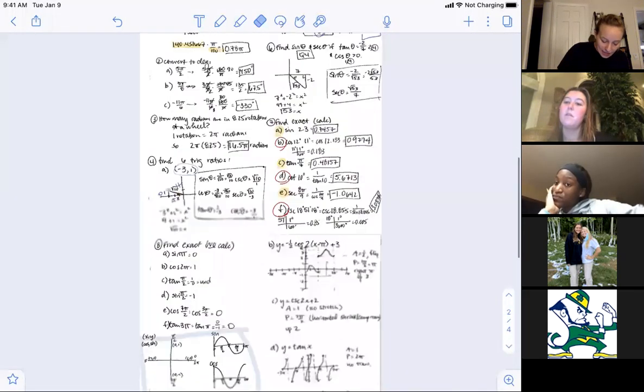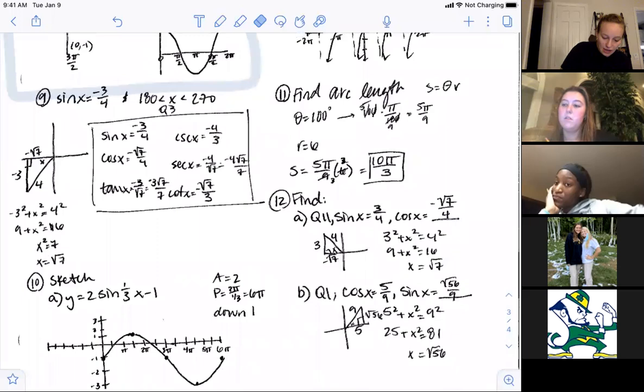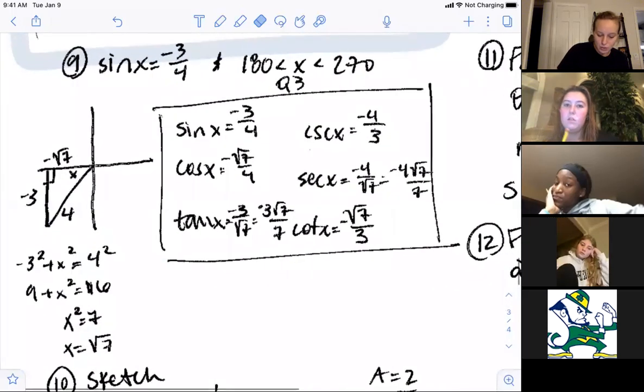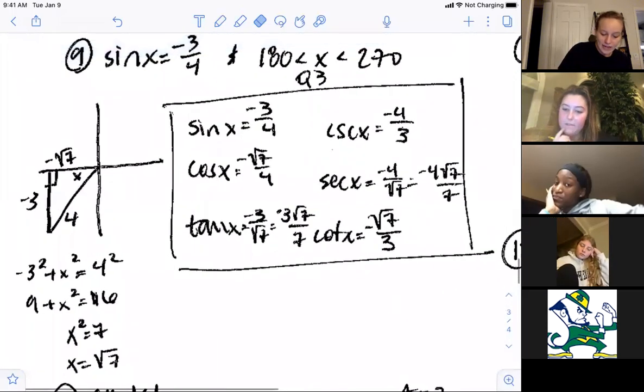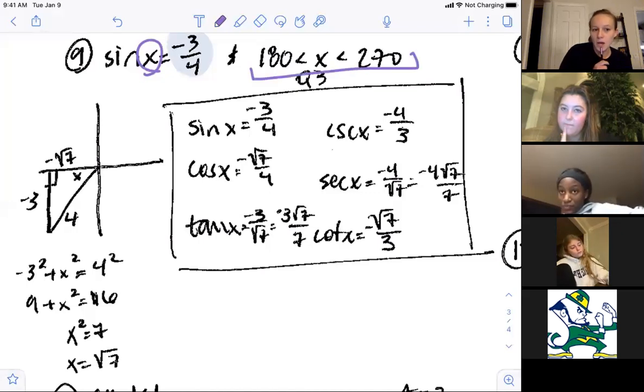Well, number 9 is even easier because I tell you what degrees we're in between. So sine is -3/4, and it says that x, or my angle, is in between 180 and 270. Well, 180 is here and 270 is here. So that means my angle is somewhere between them.